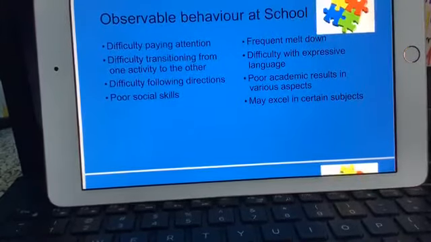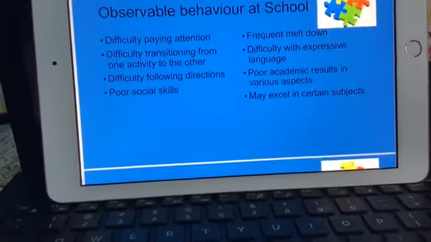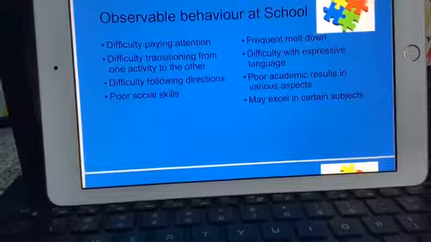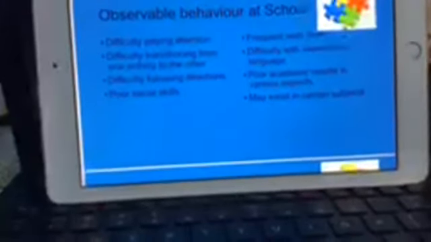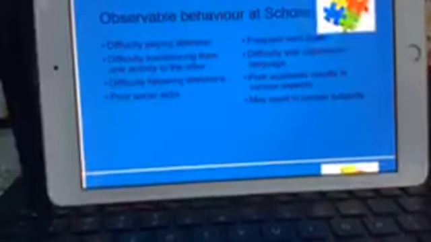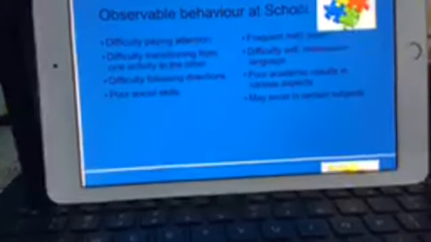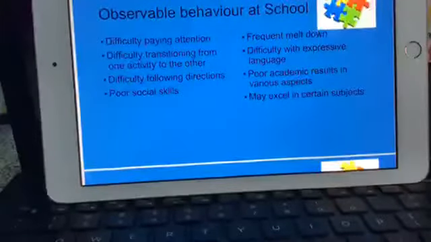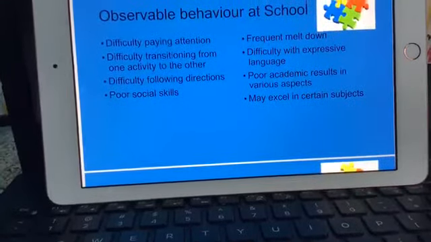Now, I want to talk about what a meltdown is before I continue. A meltdown is when a child has an emotional overload and is unable, despite the change, to calm themselves down. For example, if a child wanted the red crayon, but one of the classmates is using the red crayon, even if the classmate gives the child that red crayon, it will still take a while for that child to calm down.